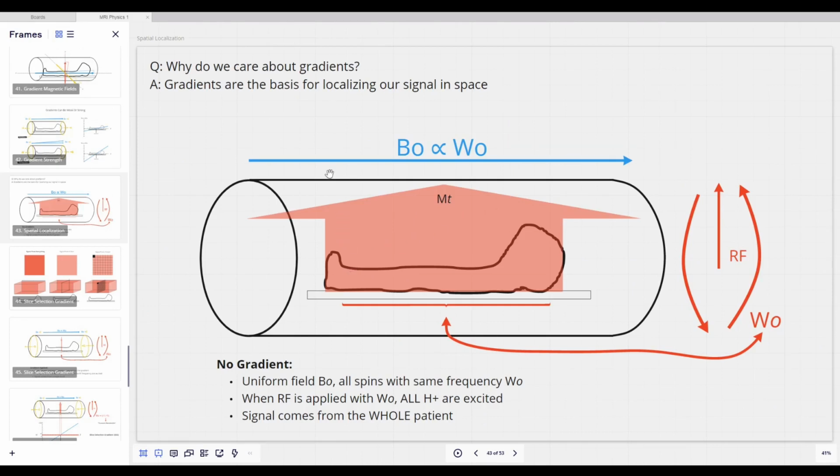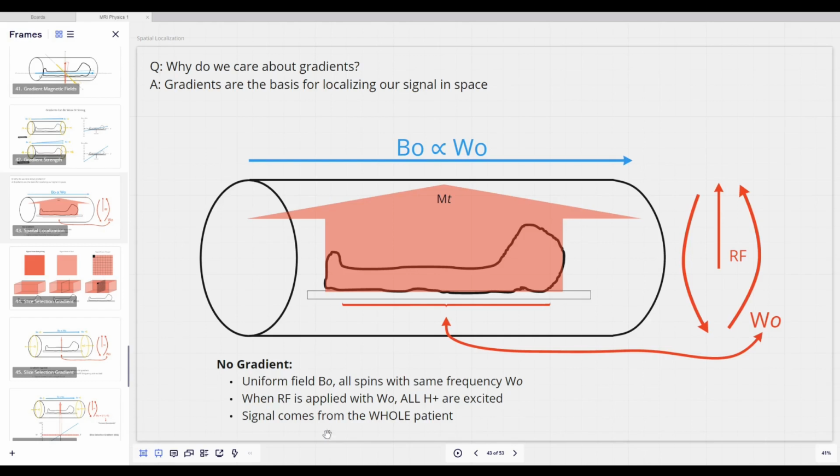It's not like you have a little receiver here and a little receiver here, and this little receiver can separate the signal that's coming from this side, and this one can separate the signal that's coming from here. No. You're collecting signal from the whole thing at the same time. So the signal you get is purely a function of what you have excited.